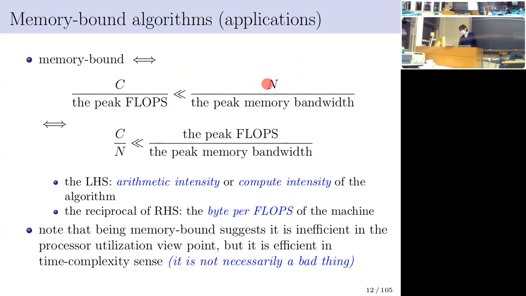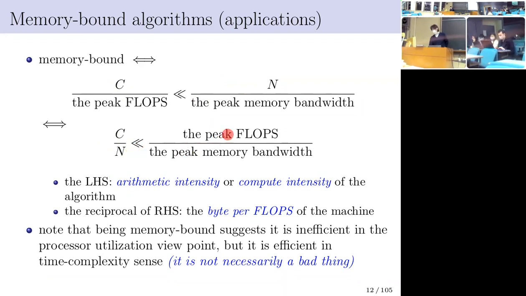So just moving these terms around, it is equivalent to saying C over n, so flops over n data, the compute over data, is much smaller than the peak flops, the compute capability of the processor, over the memory moving capability of the processor, between the memory and the processor.